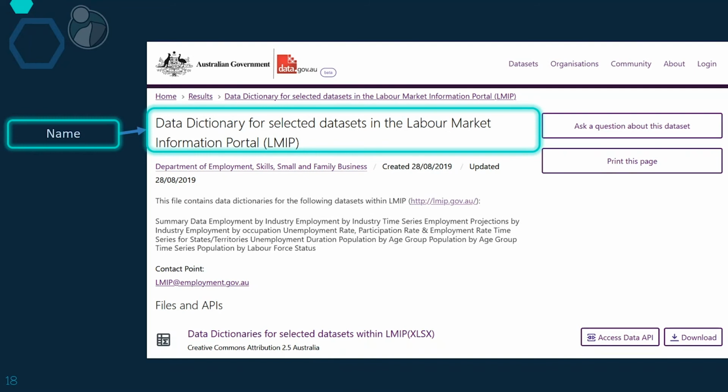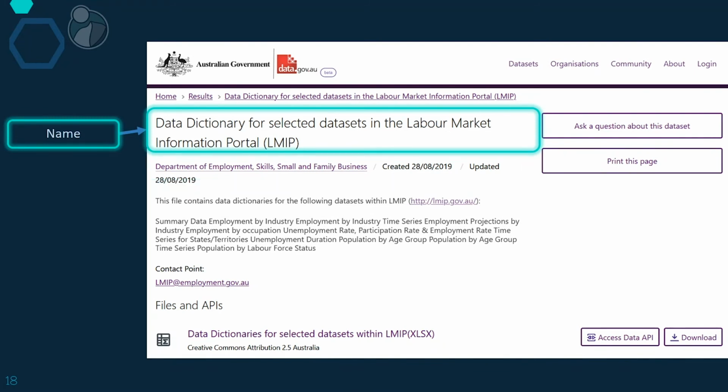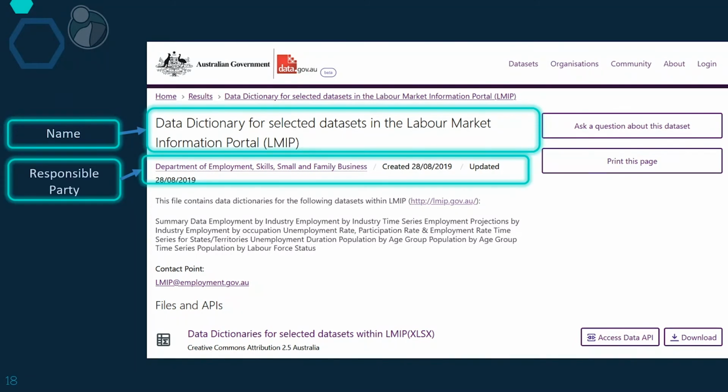So as we can see, most or all metadata needs a name to help us understand what it is. We can also see that it has somebody responsible for it recorded against it. So especially for government or well-managed metadata, we need to know who to go to ask for clarification, or who's responsible for updating this for me.